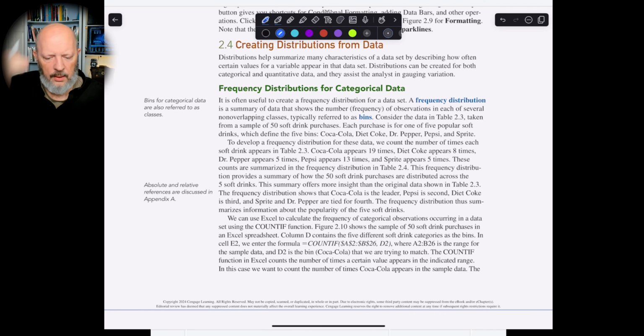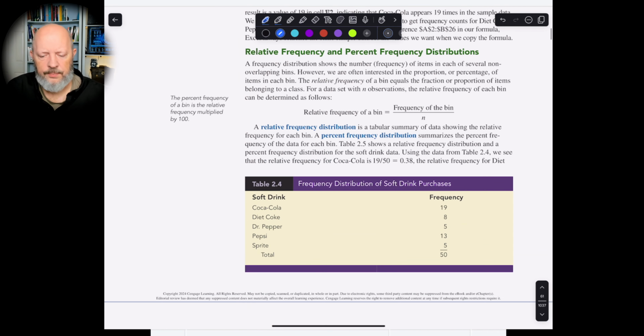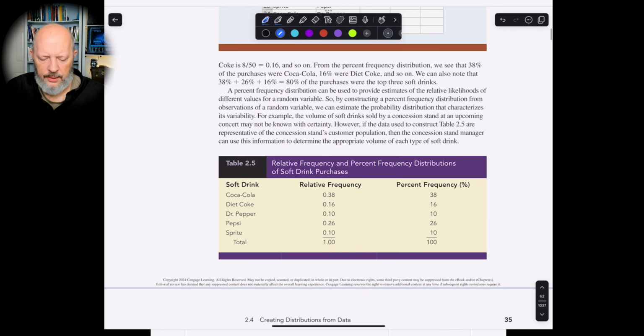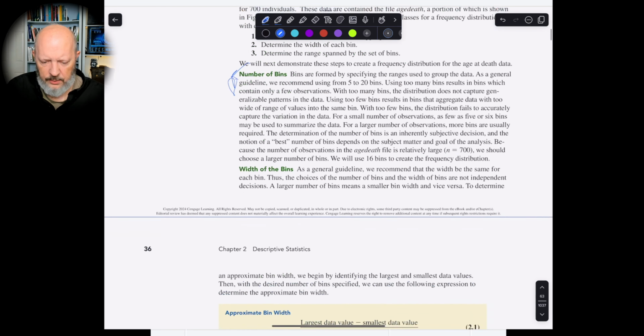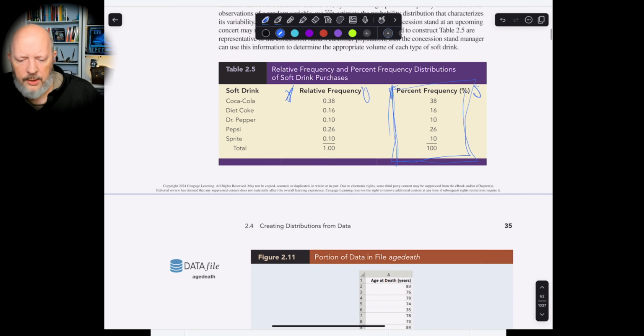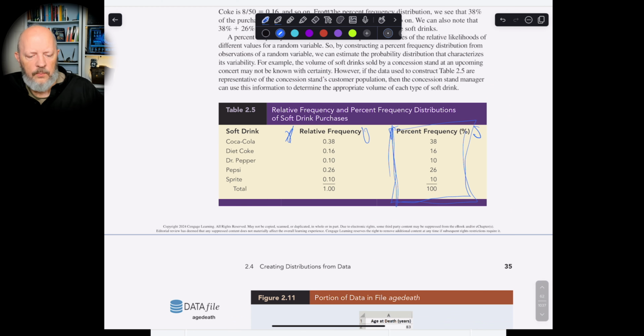Now I wanted to hit on this one here: relative frequency and percent frequency. Most of the time you'll see percent frequency. That is relatively common. All we're saying is that whatever category these are in, this is how often it happens.